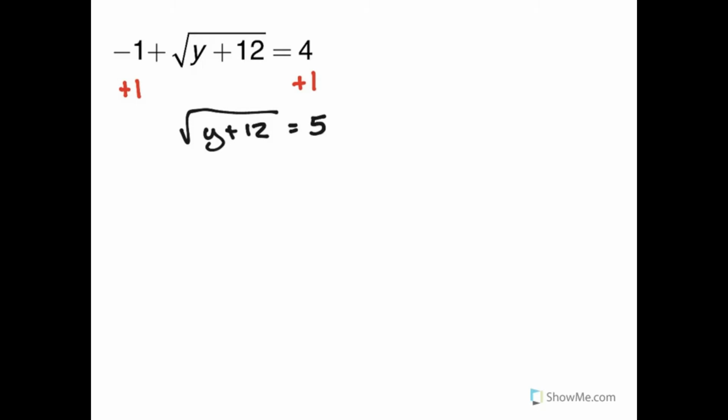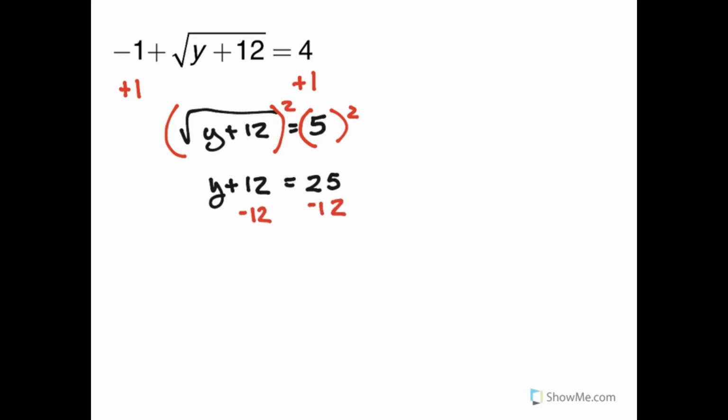Now I can square both sides to get rid of the square root, and so I get that y plus 12 equals 5 squared, or 25. And I just need to subtract 12 from each side to find out that y equals 13.